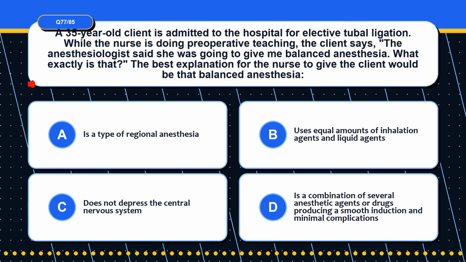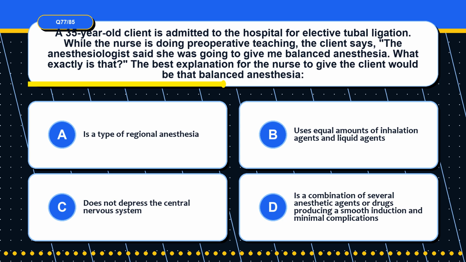Question 77. A 35-year-old client is admitted to the hospital for elective tubal ligation. While the nurse is doing preoperative teaching, the client says, "The anesthesiologist said she was going to give me balanced anesthesia." What exactly is that? The best explanation for the nurse to give the client would be that balanced anesthesia.